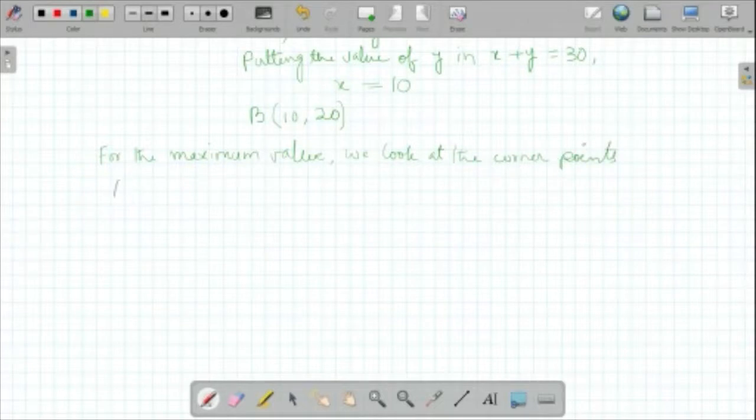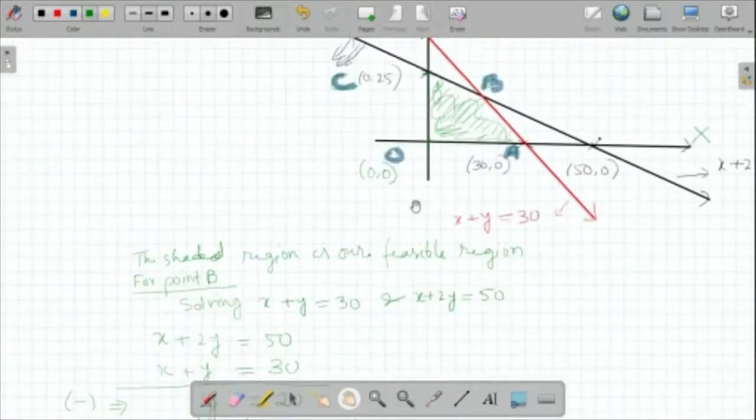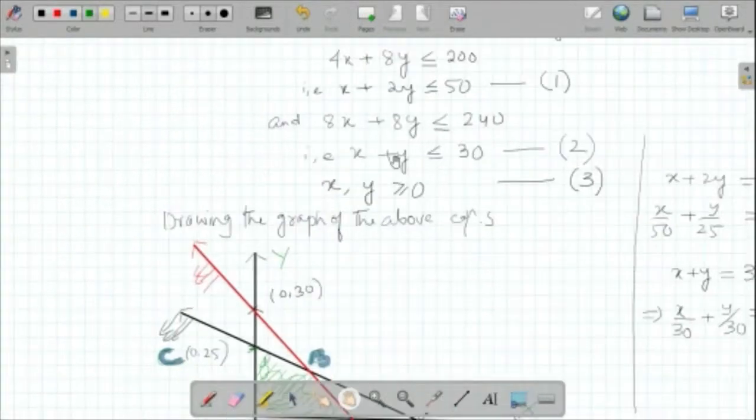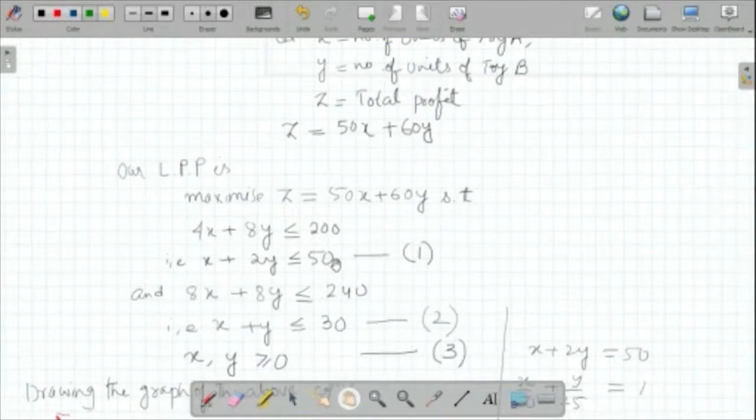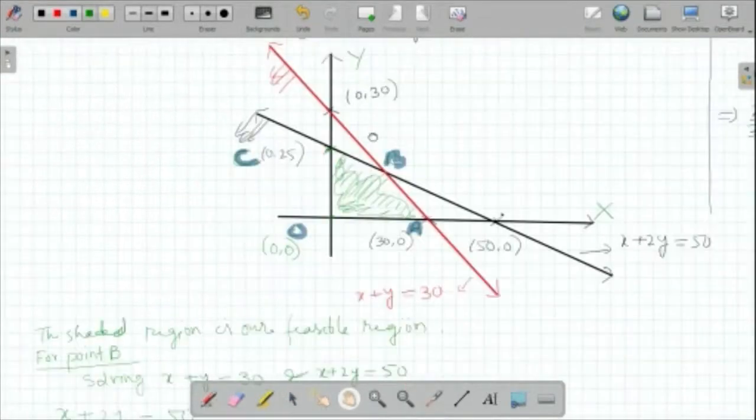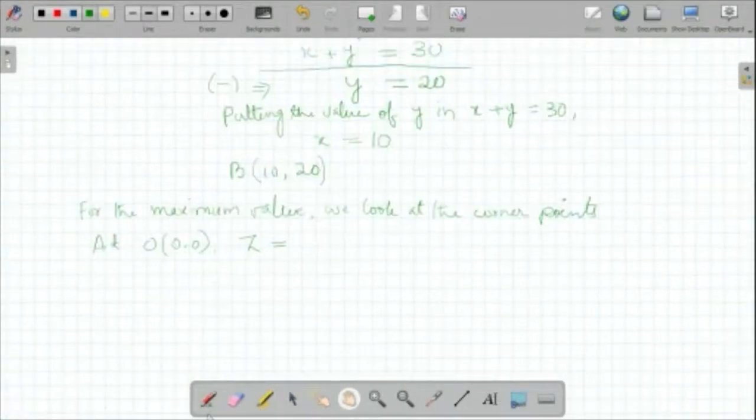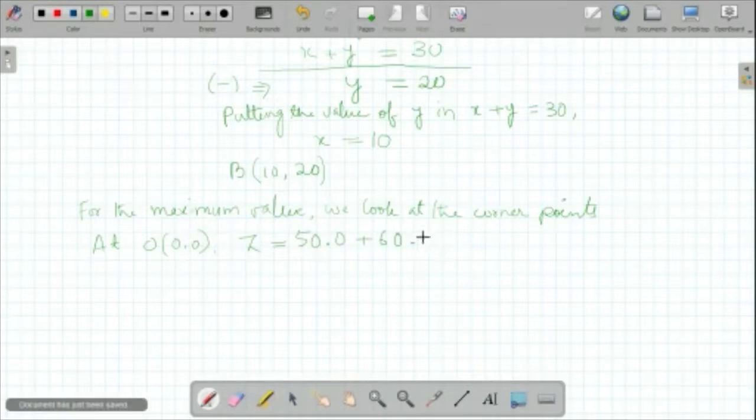First, 0 comma 0. What was the value of z? 50x plus 60y. 50x, what is x here? 0. 60 times y, what is y here? Also 0. So that means 0.